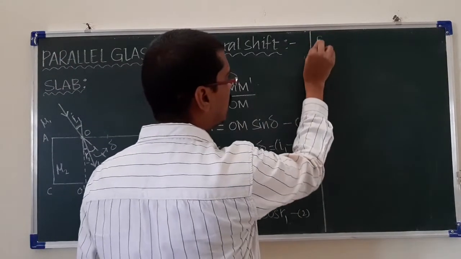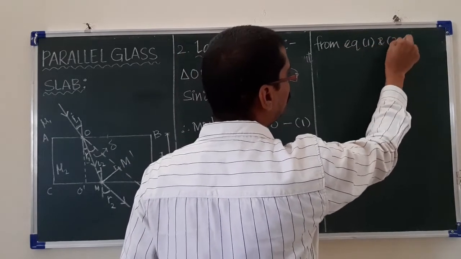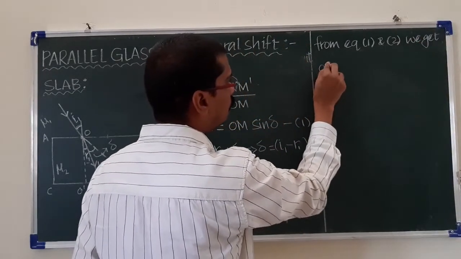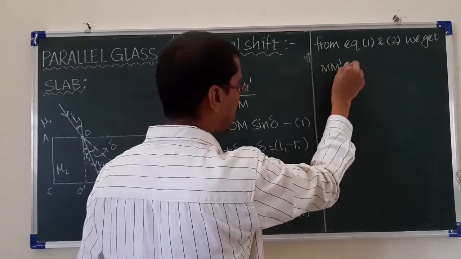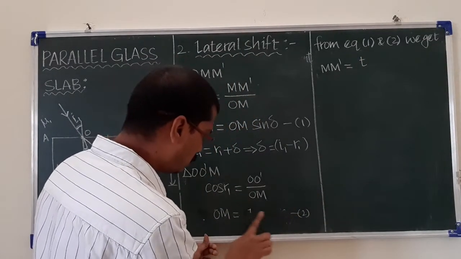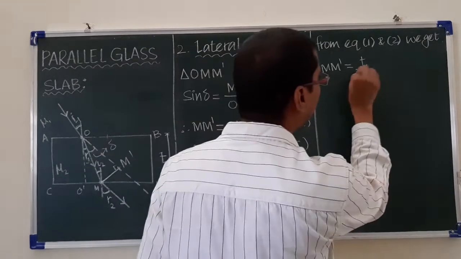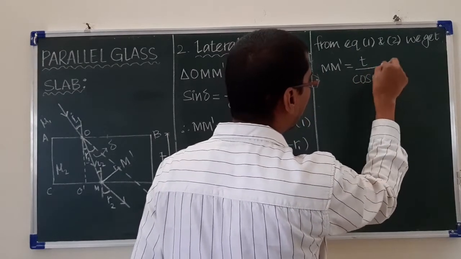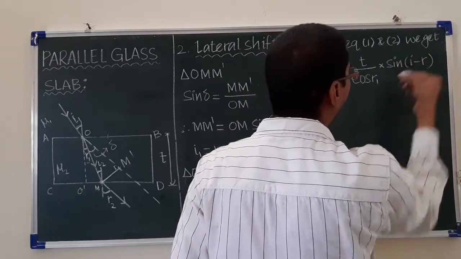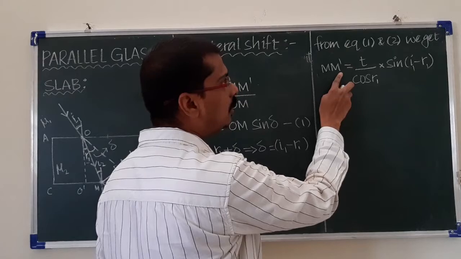From equation 1 and 2 we get M dash is equal to t upon cos R1 into sin of I1 minus R1. Here M dash is the lateral displacement.